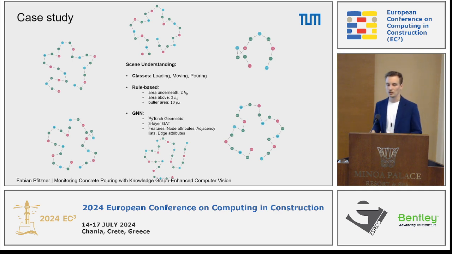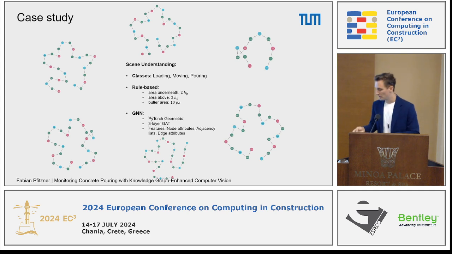And for the GNN, we were using PyTorch Geometric as framework. We defined a 3-layer graph attention architecture to detect these patterns in the graph. And the focus, again, was here on different features like node attributes, adjacency lists, and edge attributes.